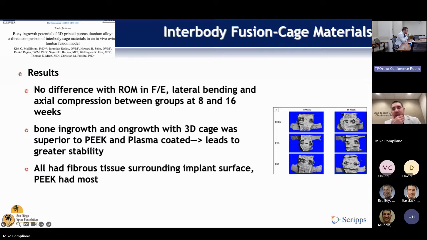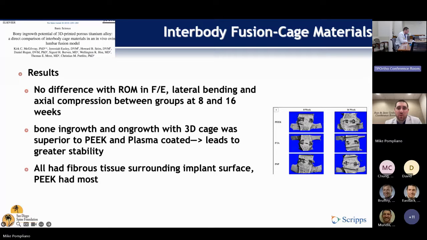I think the fibrous layer is greater in PEEK. PEEK typically, although I don't have any of the data in this talk, has a higher pseudoarthrosis rate and the cage migration concerns that we talk about. So it's kind of an all-encompassing answer with respect to stability, cell differentiation around the implant, ingrowth through the implant, as well as on the implant compared to PEEK.